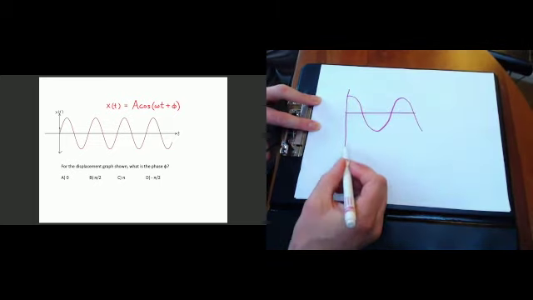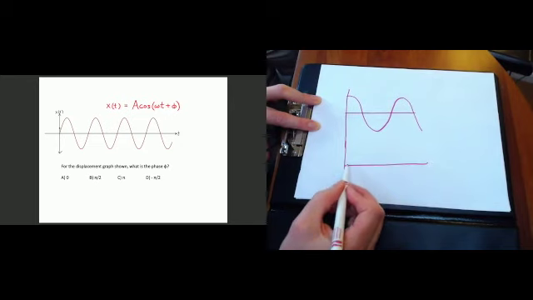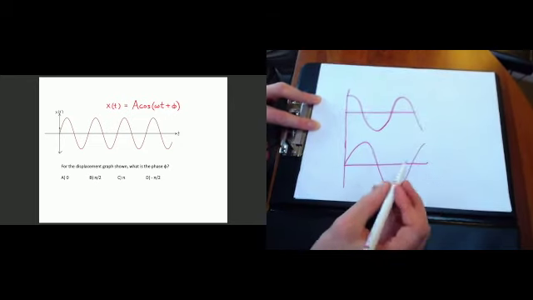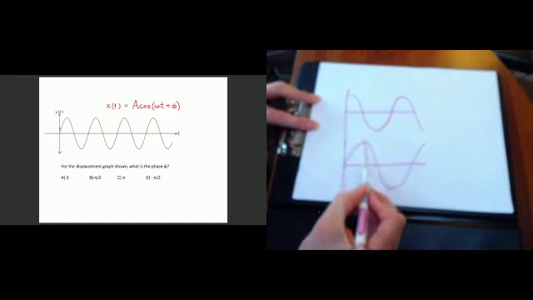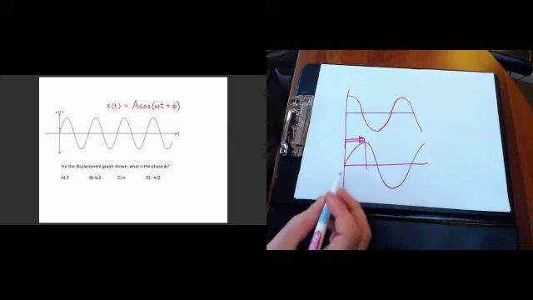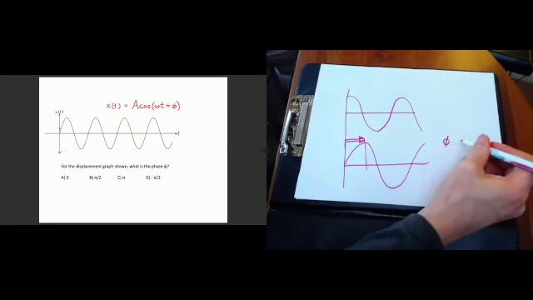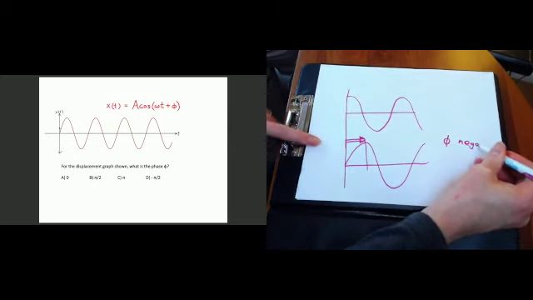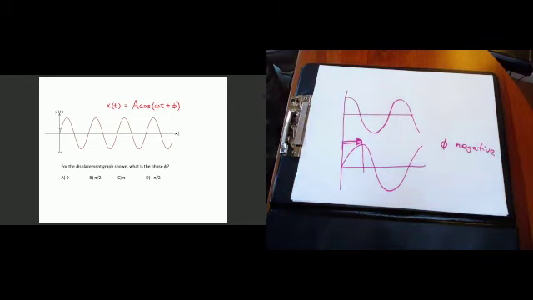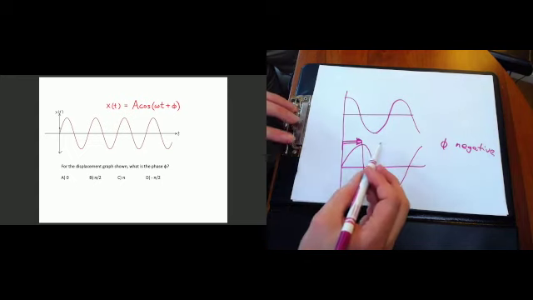Our function looks like, I'll just plot it down here, our function looks like this instead. And so what's happened is that we've shifted to the right. And so phi should be negative. But how negative is it?